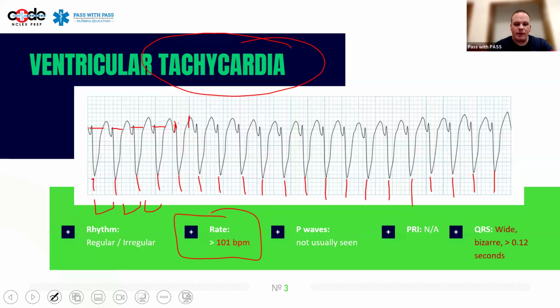But generally, when we talk about VTAC, we're talking about rates greater than 150, 160 beats per minute. Now, in the cardiac arrest scenario, I don't really care about the rate necessarily. I care more so about, does the patient have a pulse and what does the rhythm look like of what they're in, right? Because I'm not really aiming to slow down a rhythm at that point.